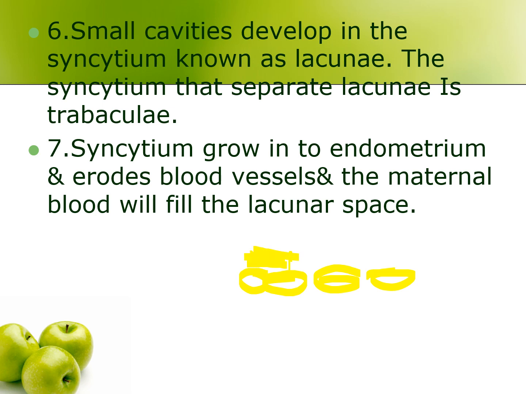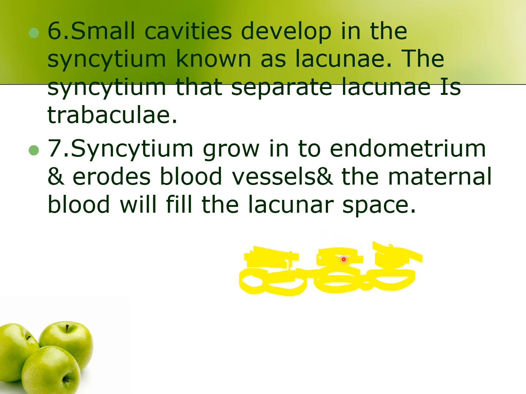So it will be up to here, it will be there. Later again it will be there. Again here it will be there. So certain cavities have developed. See, this is a syncytium and certain cavities are developed in between. And these cavities are known as lacunae. Cavities we are calling lacunae.